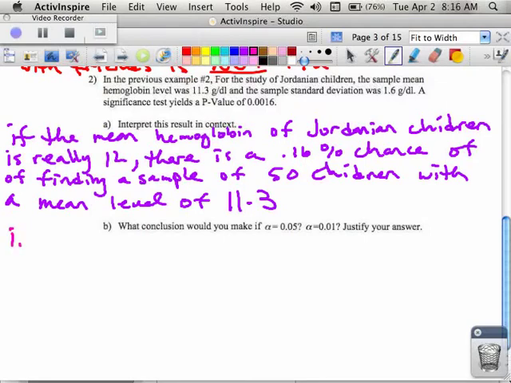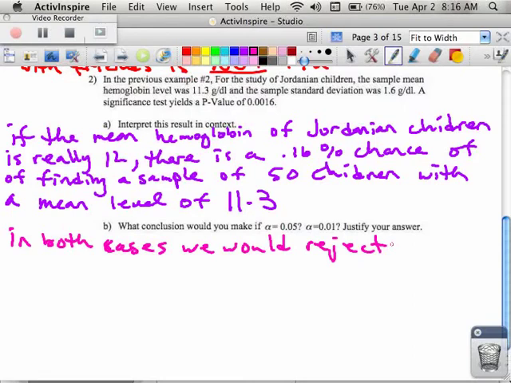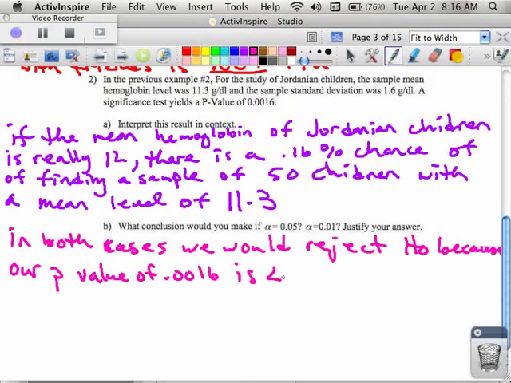So in both cases, we would reject H0 because our p-value of 0.0016 is less than alpha equal to 0.05 and alpha equal to 0.01.